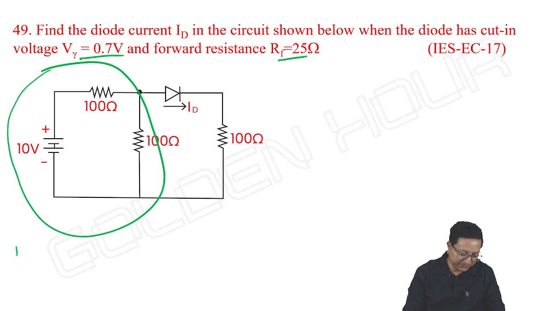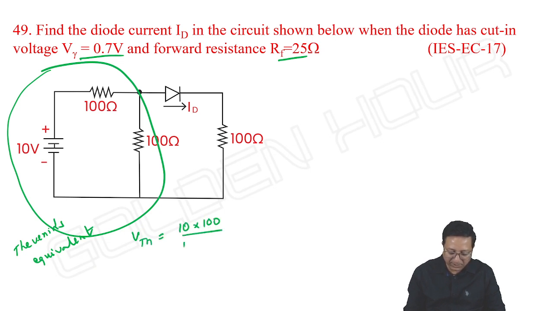We can write Thevenin's equivalent. V Thevenin is equal to 10 into 100 by 100 plus 100, equal to 5 volts.